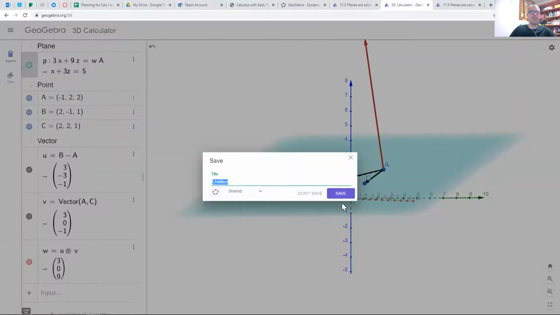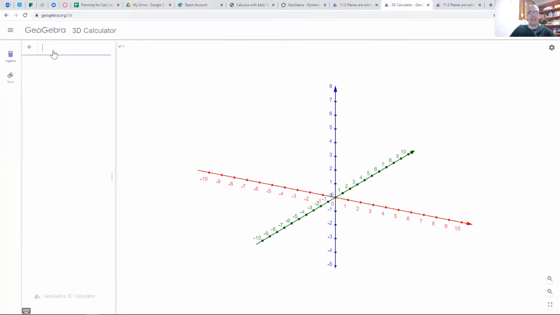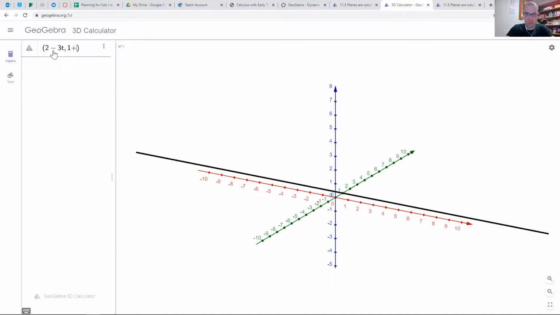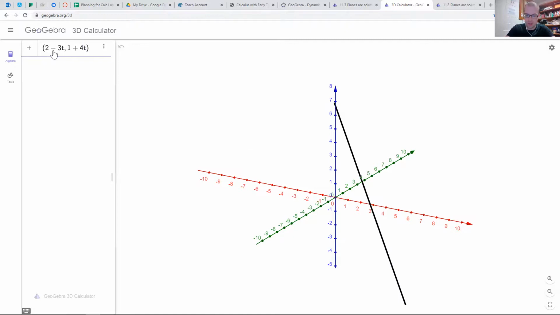Let's clear this. Don't save. And we're gonna type in the line just to make sure that we got things right. 1 plus 4t. And minus 3 minus t.